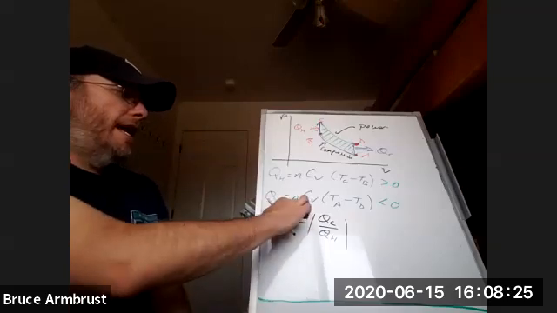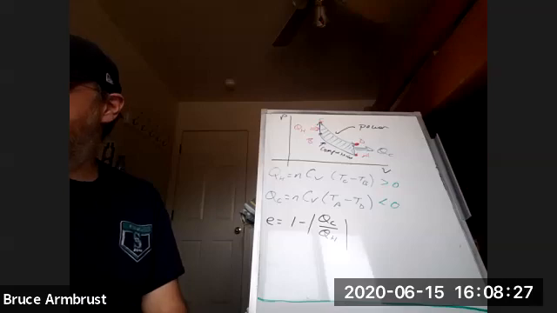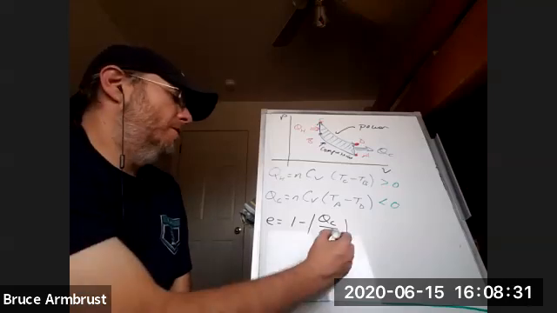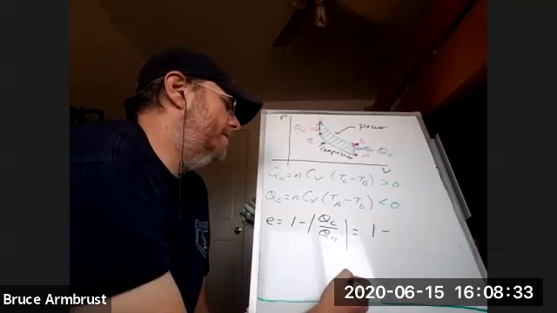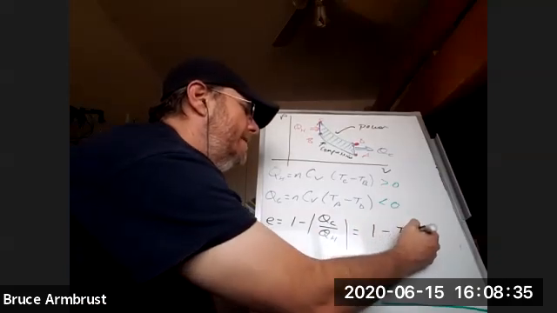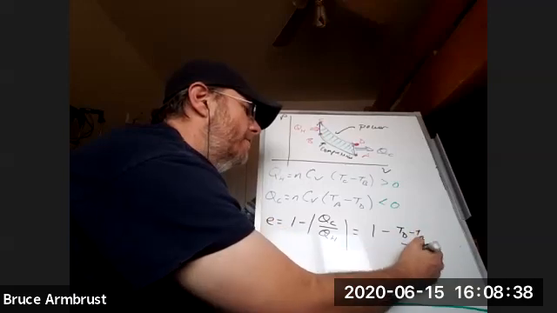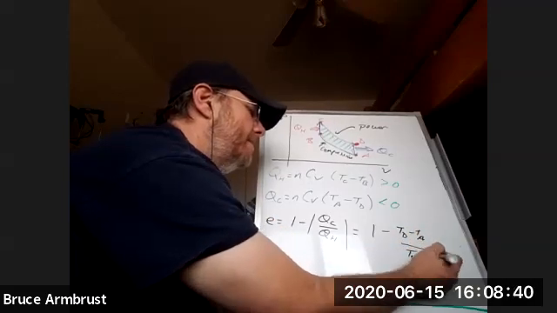So the NCVs are going to cancel. So we end up with 1 minus TD minus TA over TC minus TB.